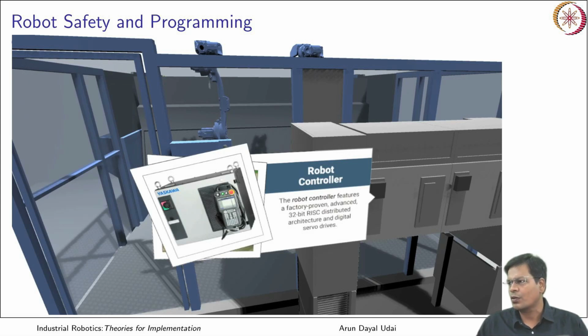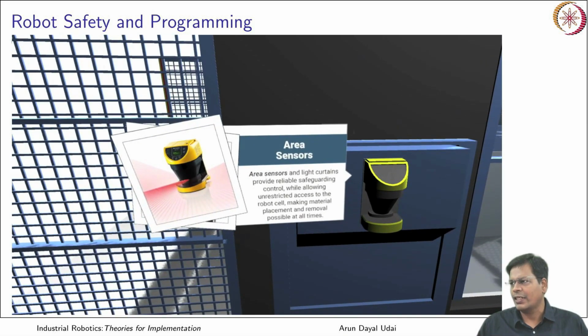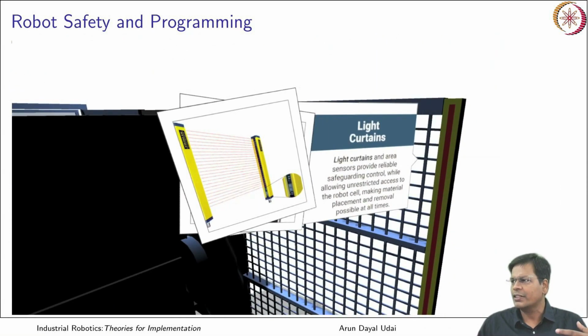Okay, so this is your robot controller, and then you see this is the area sensor. This is the sensor with which you can detect any motion, any movement of any object if it gets into the robot work cell. So that is the area sensor. It is basically a laser range finder like that. And this is the light curtain.